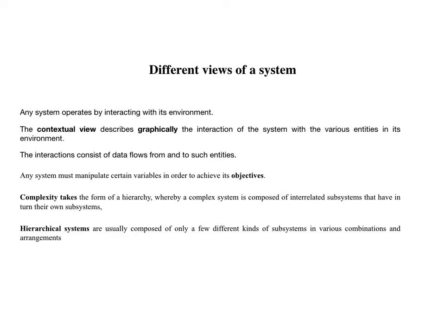So here is the interaction flow that may be represented as a contextual view, as a graphical abstraction or a graphical summary, representing these actions in a simple way to be understandable for any level of management.